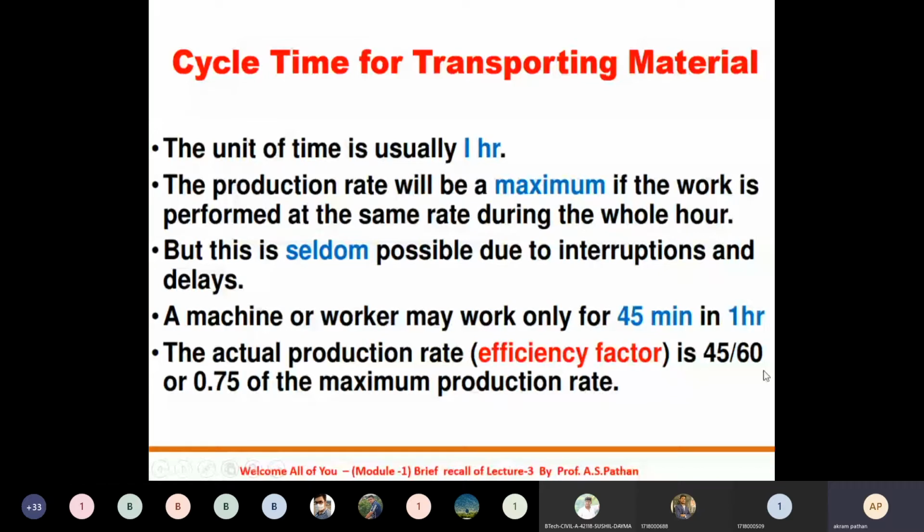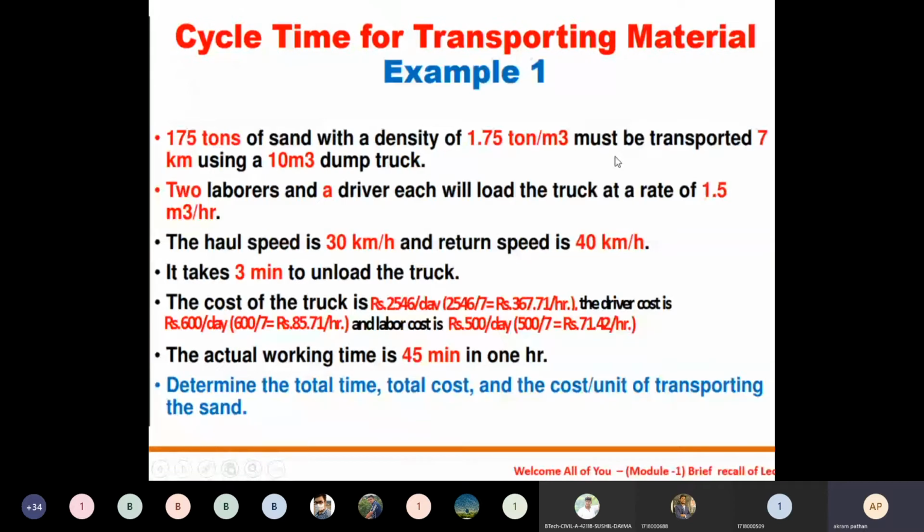And in the last lecture we saw one example. Suppose you want to transport 175 ton of sand with a density of 1.75 ton per meter cube. The total transportation distance is 7 km, using a 10 meter cube capacity truck.